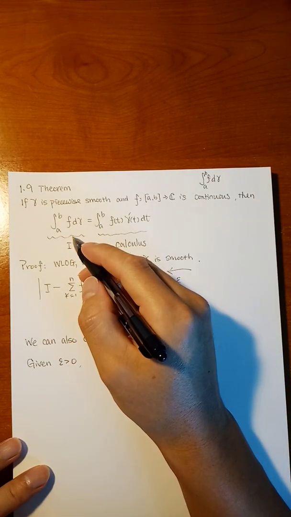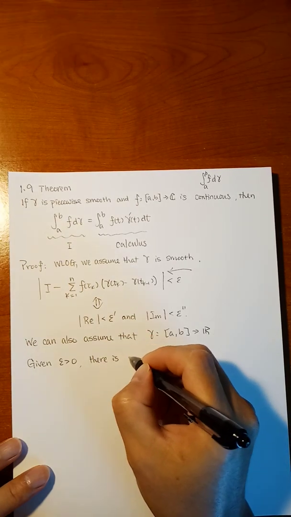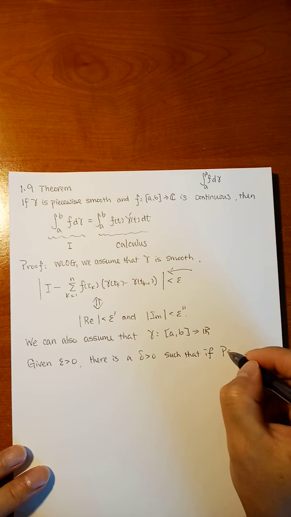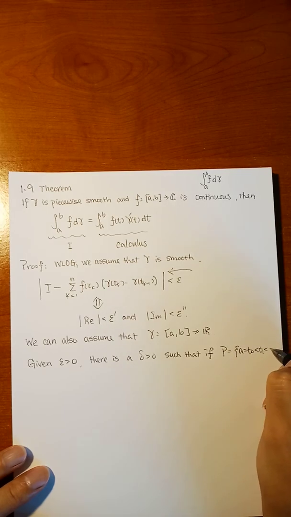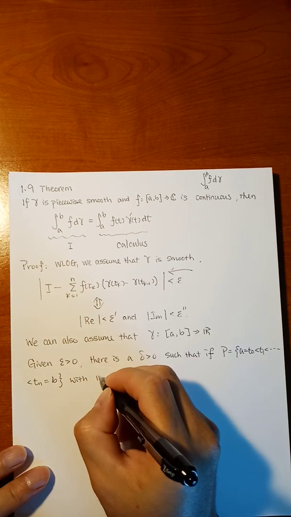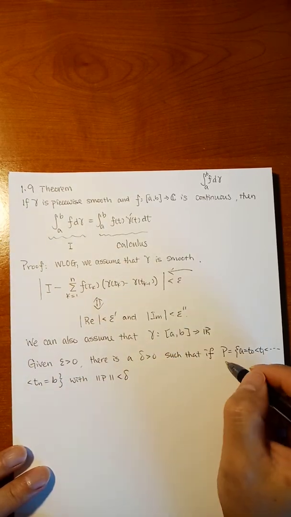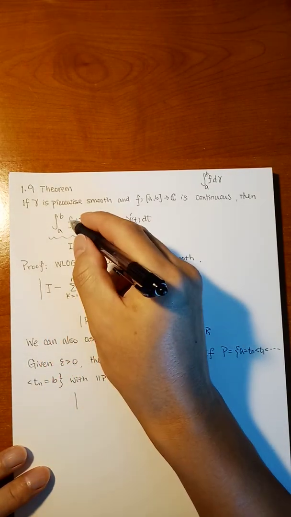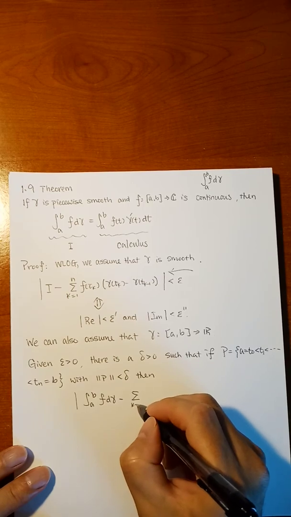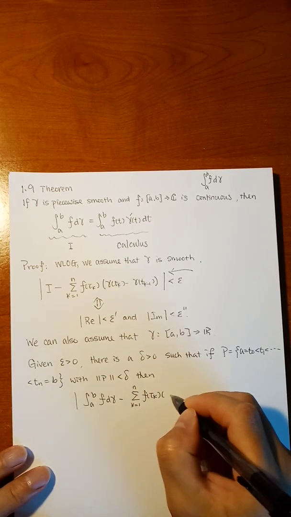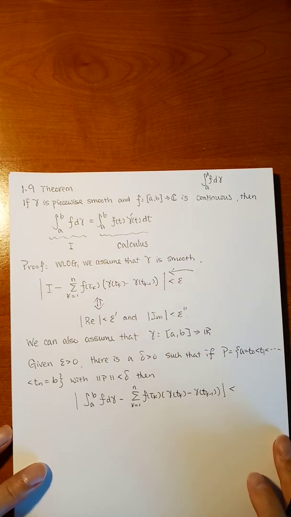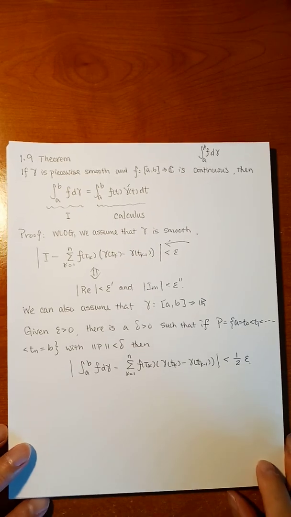For the left hand side, there is a delta greater than 0 such that if the partition a = t0 < t1 < ... < tn = b has norm of P less than delta, then the integral from a to b of f d gamma minus the sum over k from 1 to n of f(tau_k)(gamma(t_k) minus gamma(t_{k-1})) is less than, because later we're going to use the triangle inequality, 1/2 epsilon.